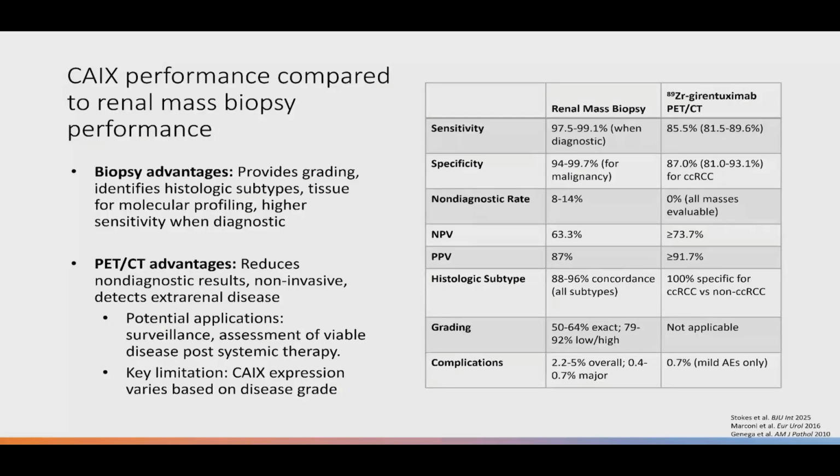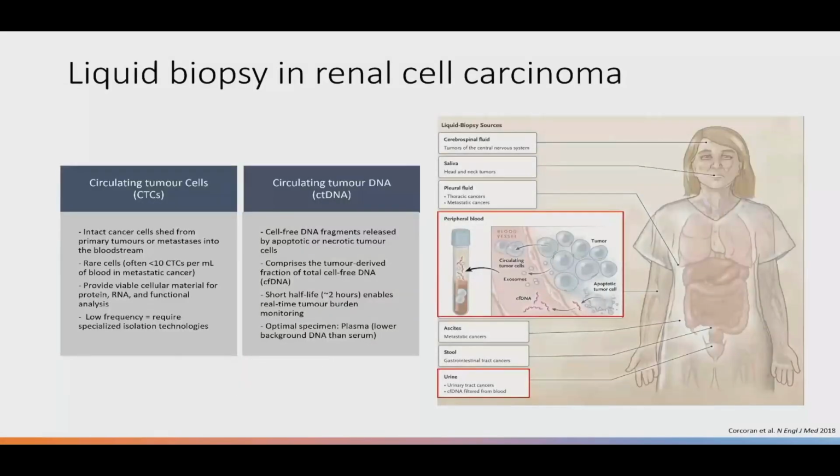You should know, though, that one of its key limitations is that its expression can vary greatly based on disease grade, which in the literature has been reported as higher expression in lower grade disease. So the last portion of this presentation is going to focus on liquid biopsy in RCC.